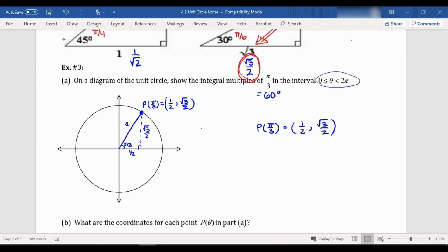Now my next iteration would be 2 pi over 3, or 120 degrees, which is in quadrant 2. Now remember that 2 pi over 3, or the 120 degrees, is measuring from your positive x-axis up and around to that terminal arm.